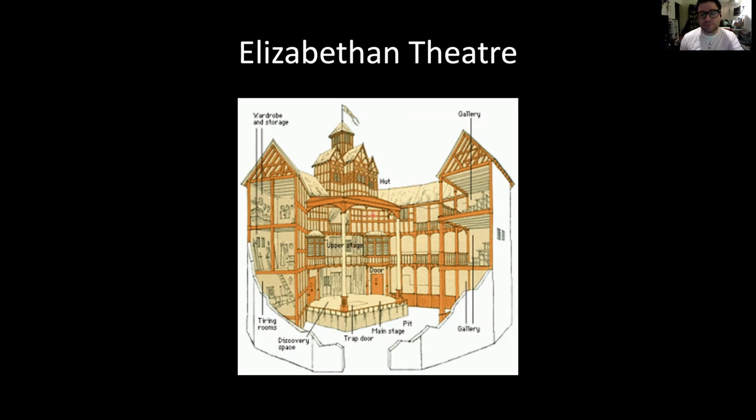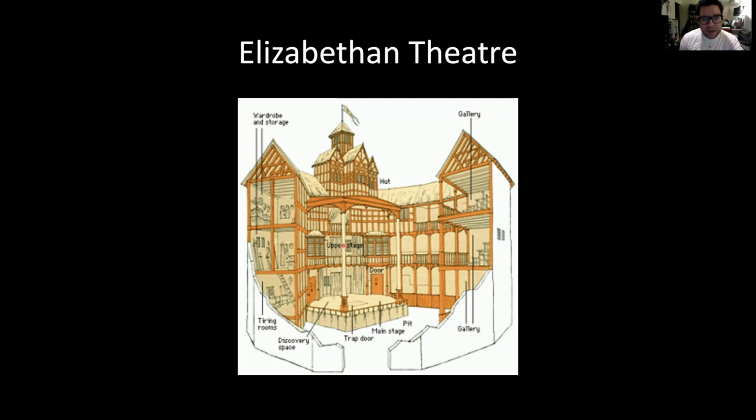It was burned down years and years ago, and then they rebuilt it fairly recently in the 1900s, and so it exists today. You can go to London and find this exact stage, exactly how it was back then in the Elizabethan times.